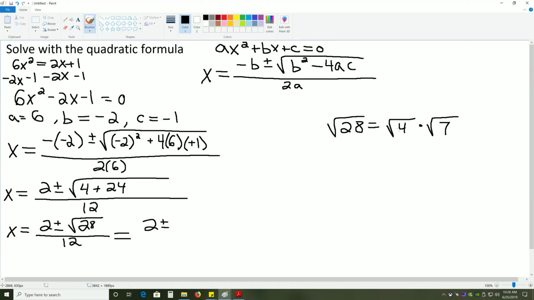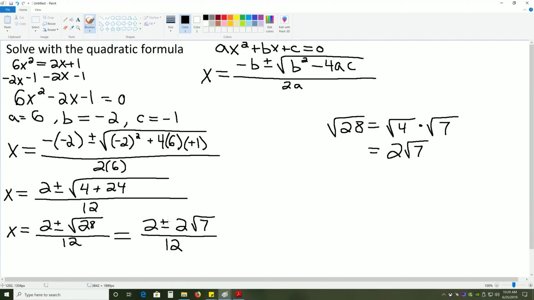But we do this because the square root of 4 simplifies down to 2 times the square root of 7 instead of that square root of 4. So 2 plus or minus the square root of 28 is the same thing as 2 plus or minus 2 times the square root of 7 all over 12.